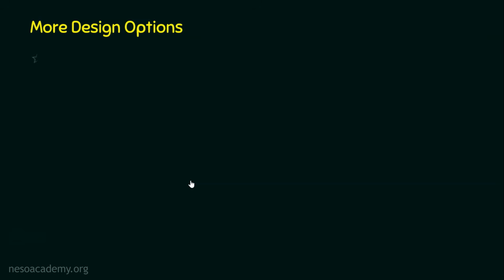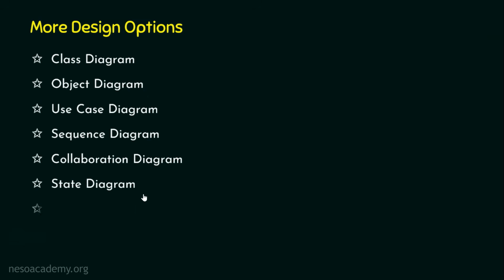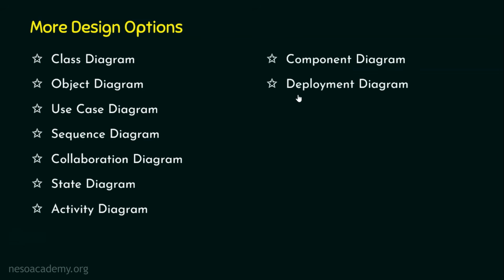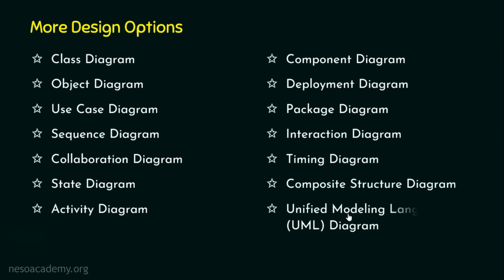When we talk about more design options, we have class diagrams, object diagrams, use case diagram, sequence diagram, collaboration diagram, state diagram, activity diagram, component diagram, deployment diagram, package diagram, interaction diagram, timing diagram, composite structure diagram, UML diagram, the unified modeling language diagram, where the UML diagram even contains interaction sequence, collaboration, state chart diagrams, activity diagrams, implementation diagrams, and many more.